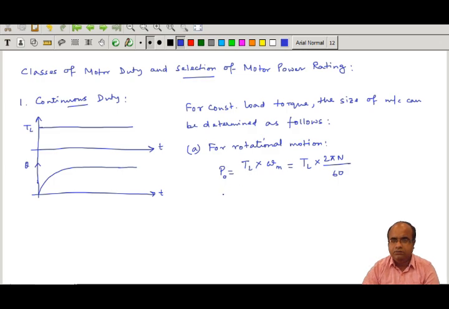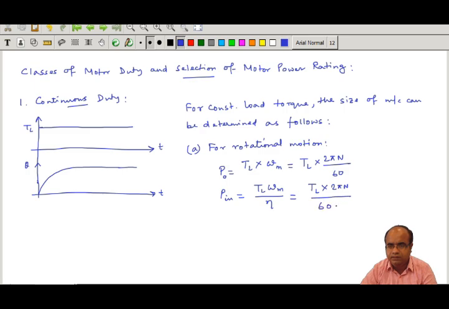Now what is the input power of the machine? This is TL omega m by efficiency, it is P out by efficiency basically. Then you can write TL into 2 pi n by 60 into 1000 to convert it to kilowatt.